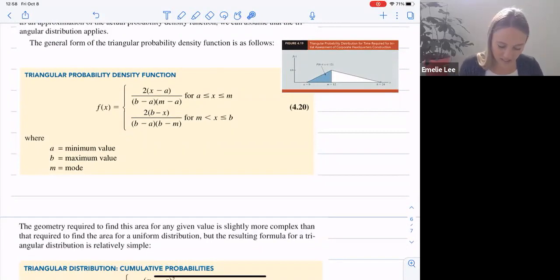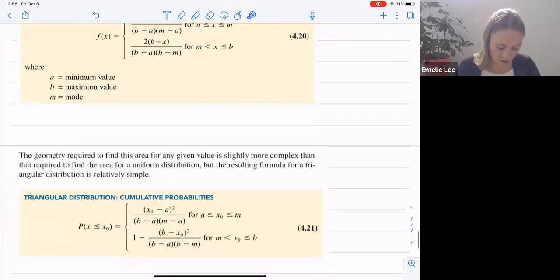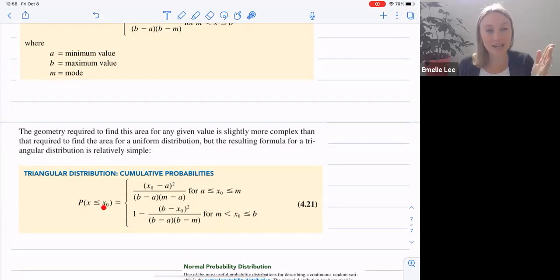So f of x gives the actual triangle, right? And then the cumulative distribution function would require some geometry, where we have to figure out, okay, what's the probability that x is less than or equal to x naught, so again, up to some point x naught.